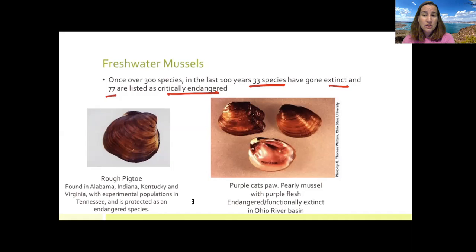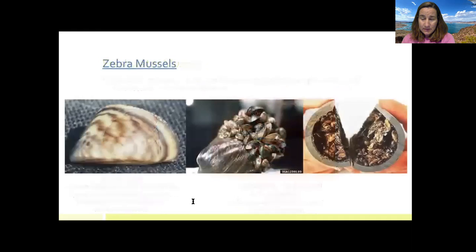We are impacting the fish that are trying to go from one place to the next, and the whole, not food chain, but food web, where everything is connected, is impacted when we mess around and do stuff like that. Other things that can impact us, we've got examples of the rough pigtoe and these little cat's paws, which are all things that are protected and endangered, that we need to look out for. And one of the things that is impacting this is an invasive. And how did it get here?